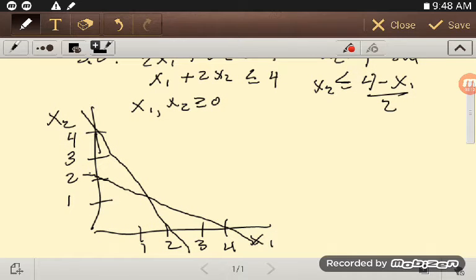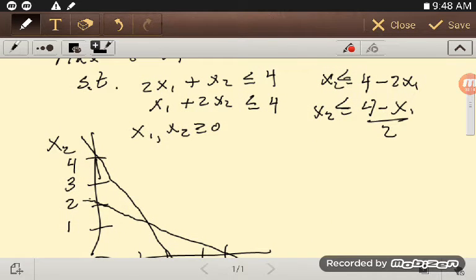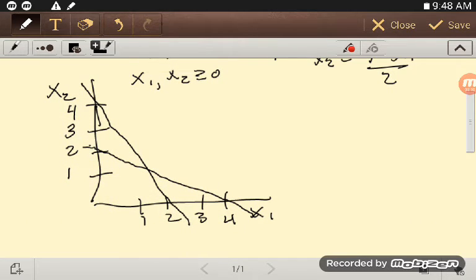To do inequalities, I can check them by just checking a single point in these linear inequalities. I can look at 0, 0, for instance, and 0, 0 works in both of these. I'll get a number less than or equal to 4.